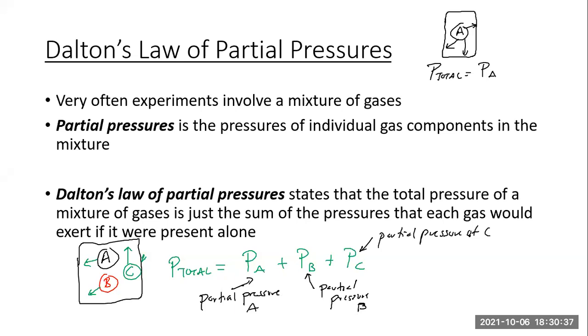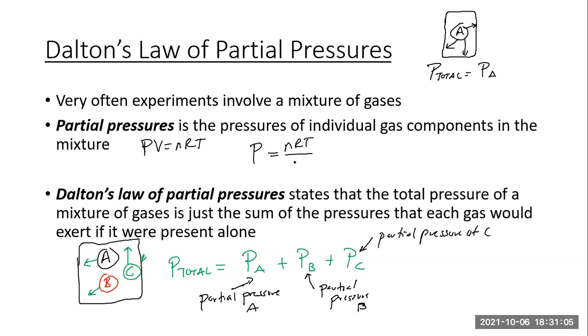Now, there's a couple of good things. How do we calculate partial pressures? Well, for the most part, we calculate partial pressures by using the ideal gas law. So we can use PV equals nRT. The goal here would be to solve for P for each gas individually.